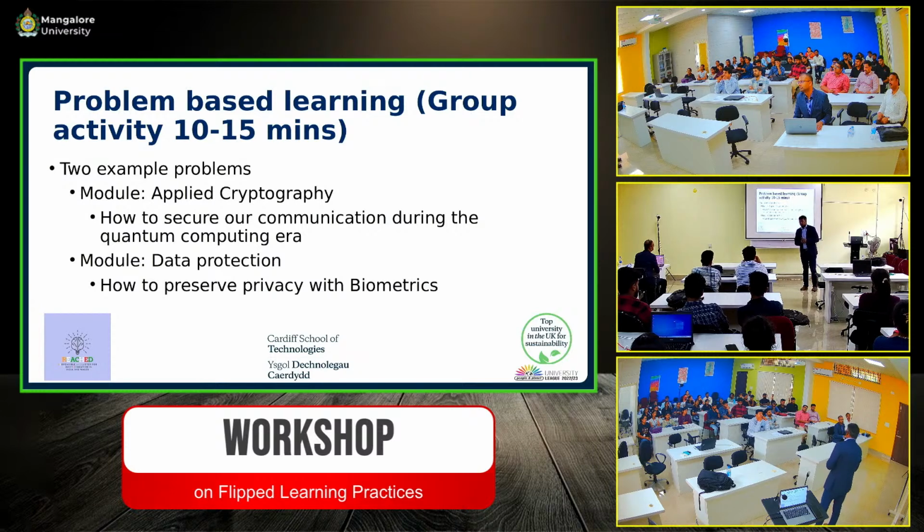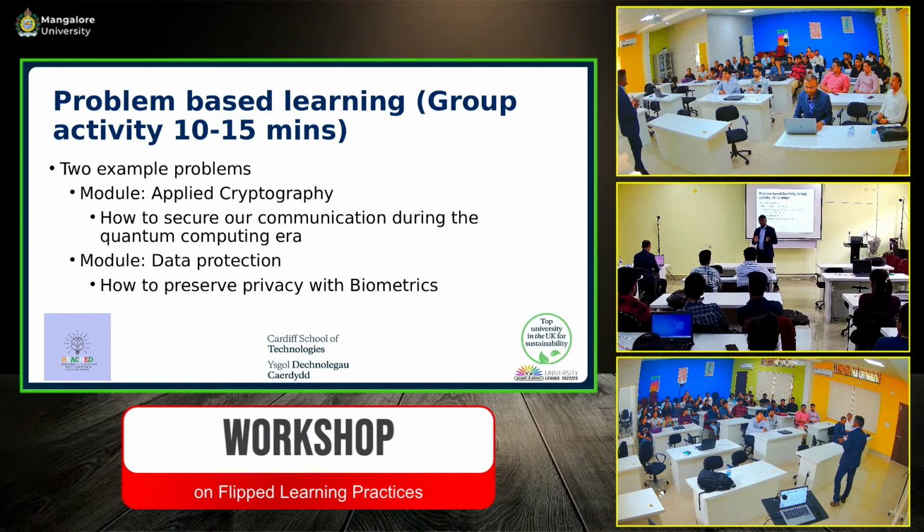So how do you want to group yourselves? Are you going to choose your own groups, or shall I do a bit of counting? How many do we have? Around 50 today? If academics can sit with the students, that would be great. Or shall I do a small approach?